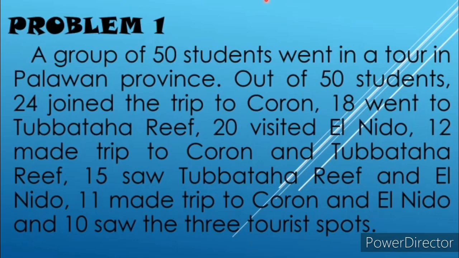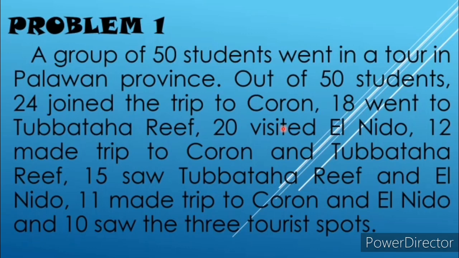Okay, so yung unang problem natin, let me read the problem. So, a group of 50 students went in a tour in Palawan province. Out of 50 students, 24 joined the trip to Coron. So, meron daw 24 na nag-join ng trip sa Coron. 18 went to Tubataha Reef. So, merong 18 na nagpunta ng Tubataha Reef.